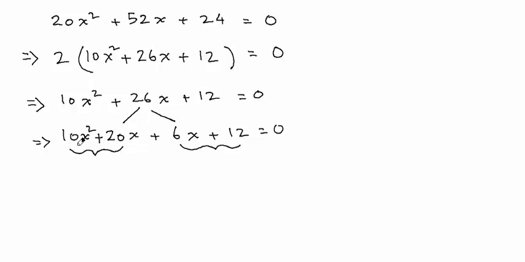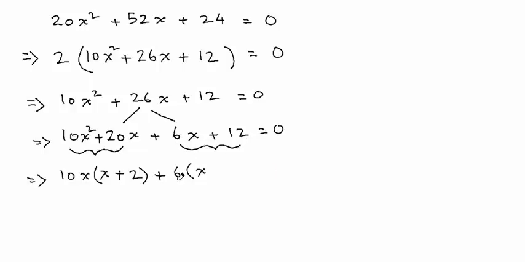Common factor between 10x squared and 20x is 10x. If you take a 10x from here, all you're left with is an x, plus if you take a 10x out of 20x, we have a 2, plus common factor between 6x plus 12 is 6.